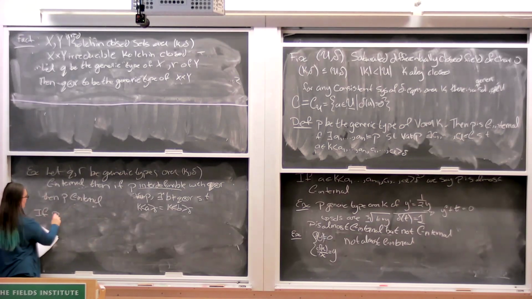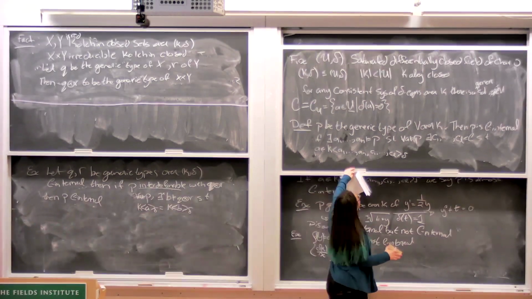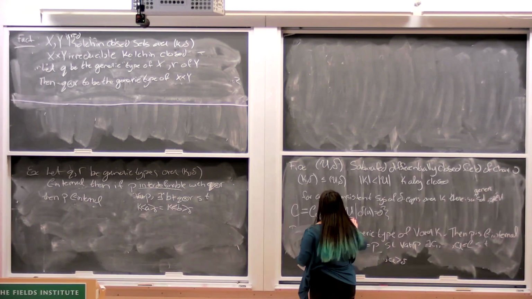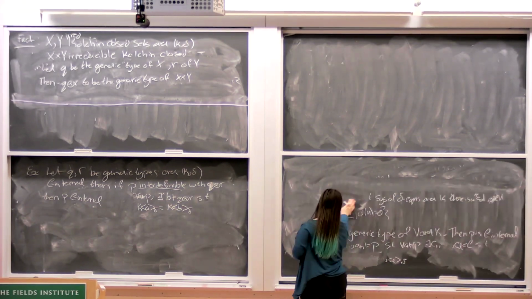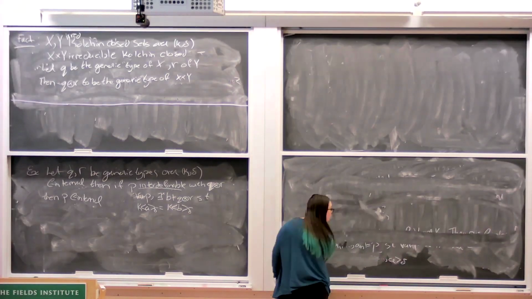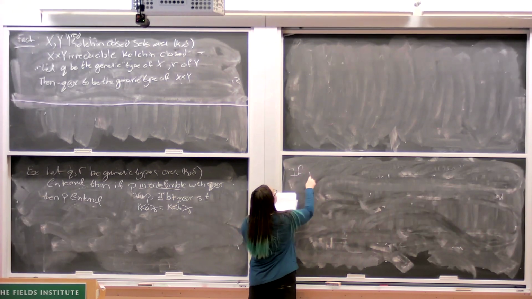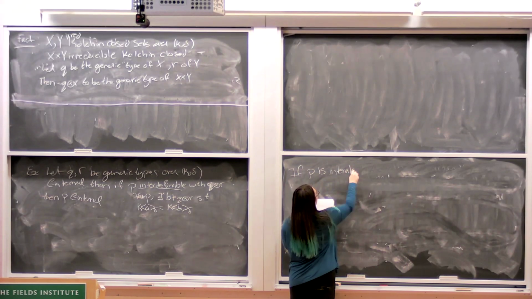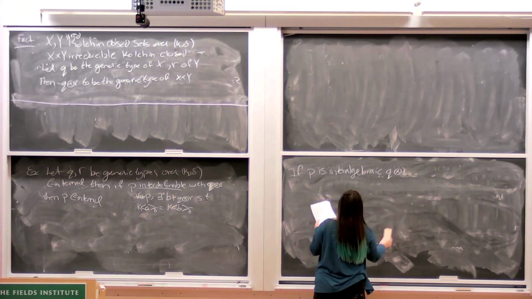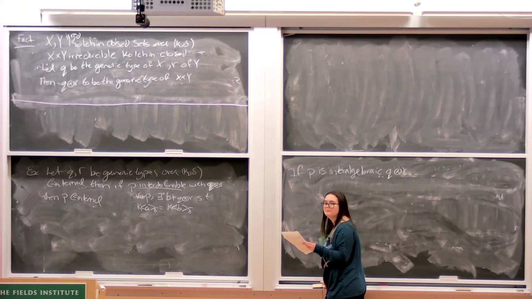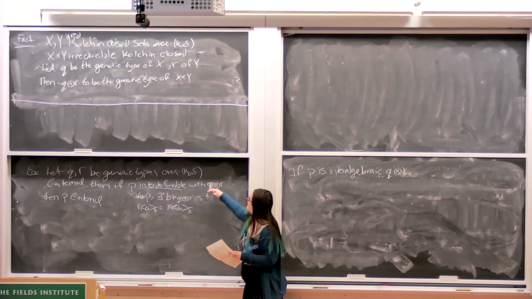Okay, so now we say that if P is inter-algebraic with the product Q tensor R, so interdefinable means that if you take any realization of P, you can find some realization of this generic type.